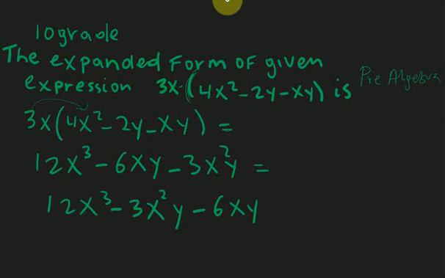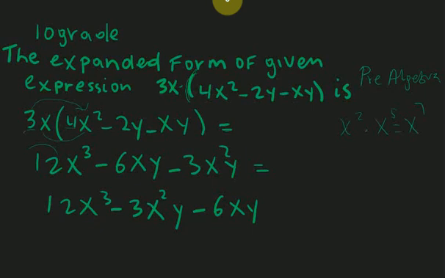what do we got? 3 times 4 is 12, right? x times x squared is x cubed. Anytime you're multiplying a variable, you add the exponents, right?